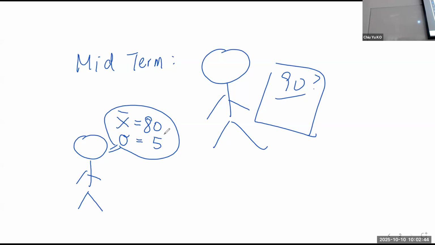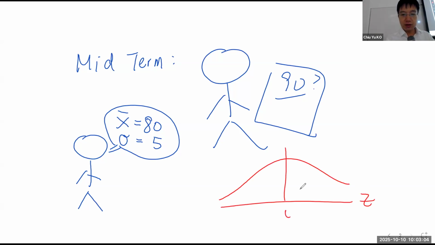So you know that 95% is within 2 SD, and then you are at least in the top 5%. But to be exact, you're at the 97.5th percentile. Why? Because you can imagine Z is here, and this is 0.